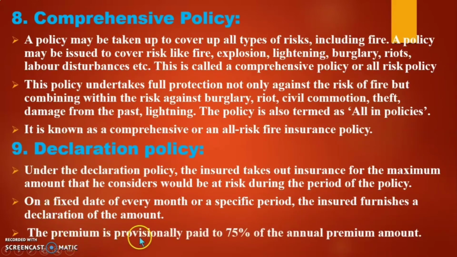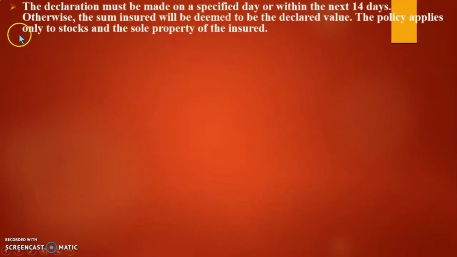The premium is provisionally paid up to 75% of the annual premium amount. The declaration must be made on a specific date or within the next 14 days.